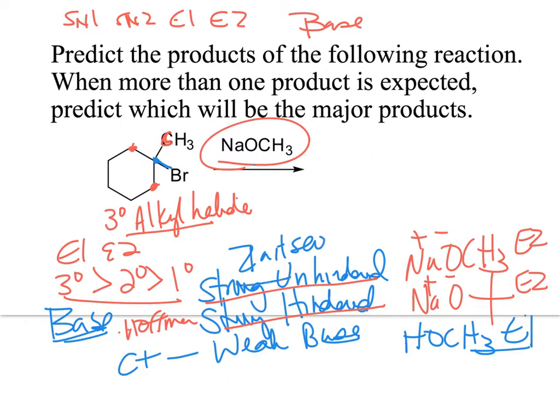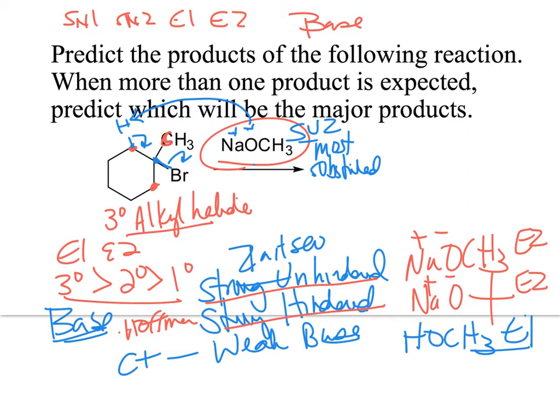So we have a strong unhindered, so let's just write SU, strong unhindered, and so we're going to get a Zaitsev product. So we need to abstract the proton that's going to give us the most substituted product. So it's going to be a proton here. You can go with this one or the other one.